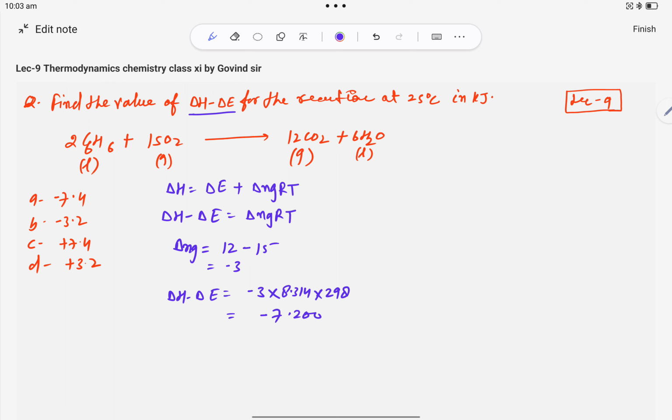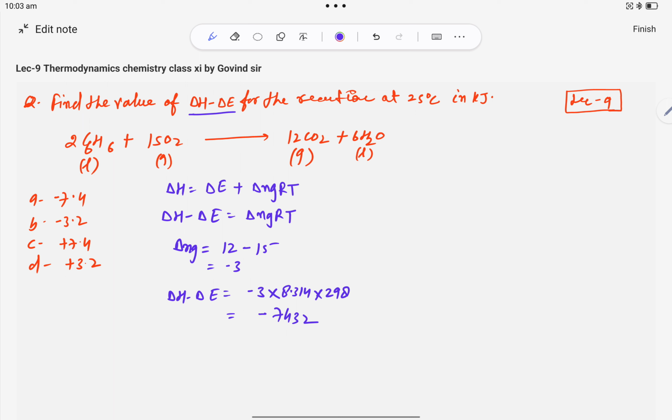Let me multiply this value. So it is minus 3 multiplied by 8.314 multiplied by 298. It will be minus 7432.